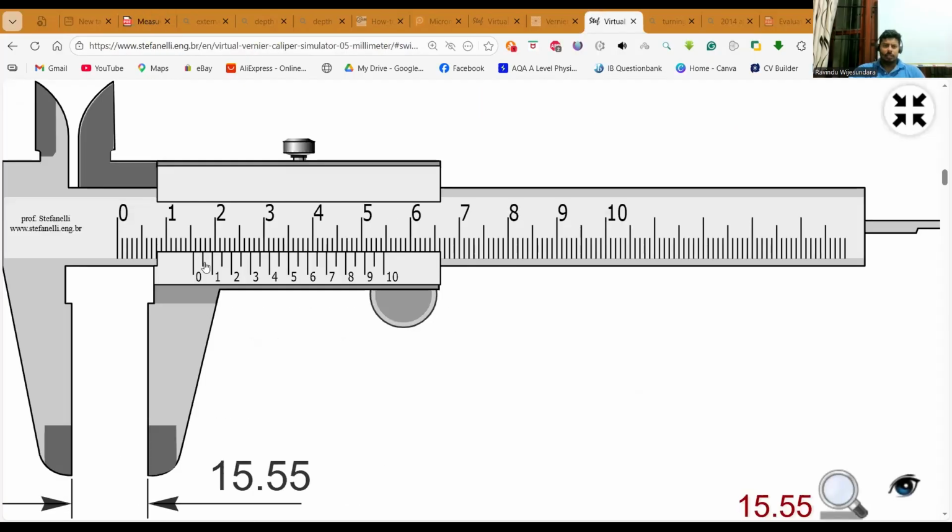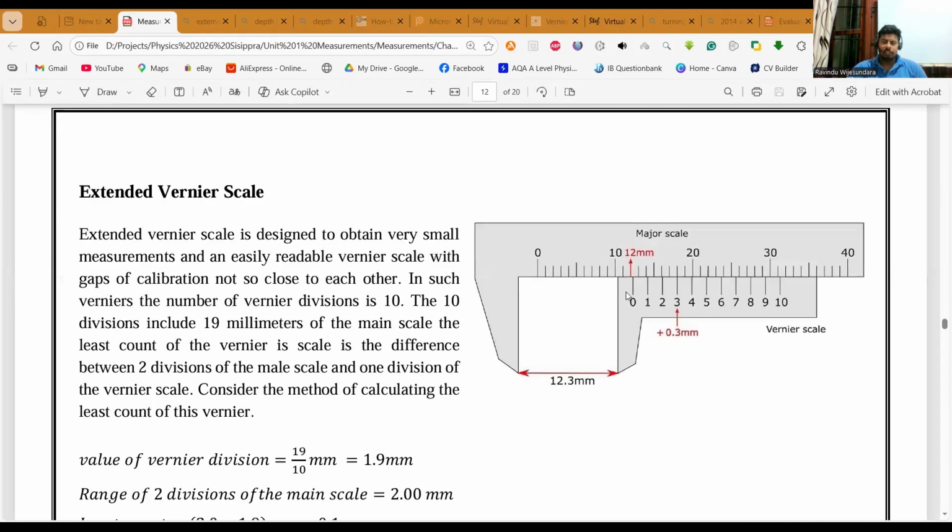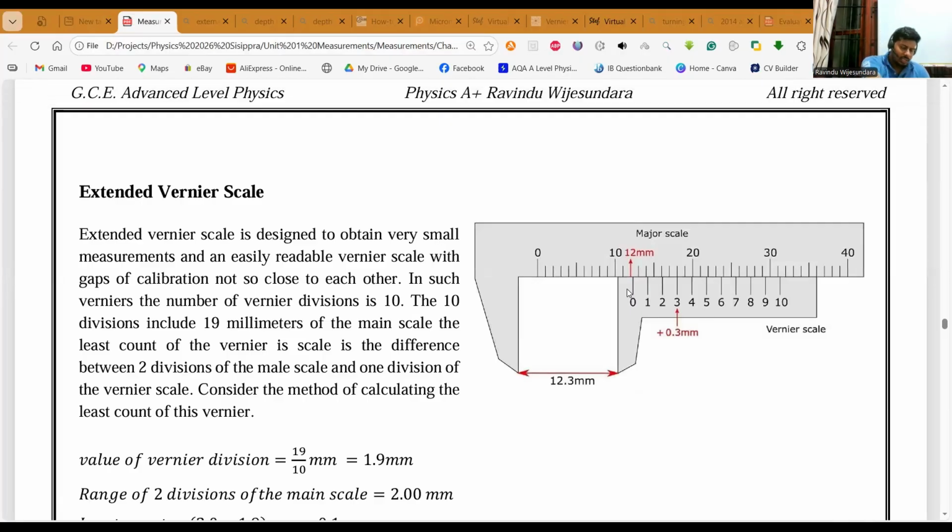You can see the separation between the divisions is significantly large, so it is easy to read. This kind of vernier caliper is called an extended vernier caliper. The vernier caliper that I have already shown you is also a type of extended vernier caliper.